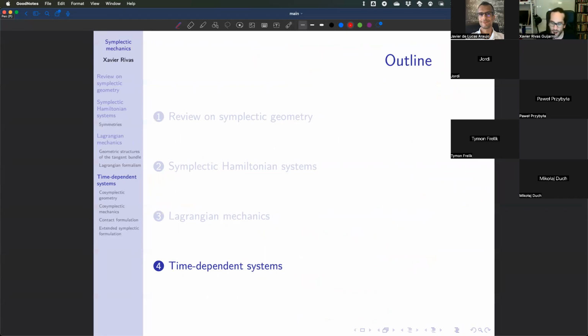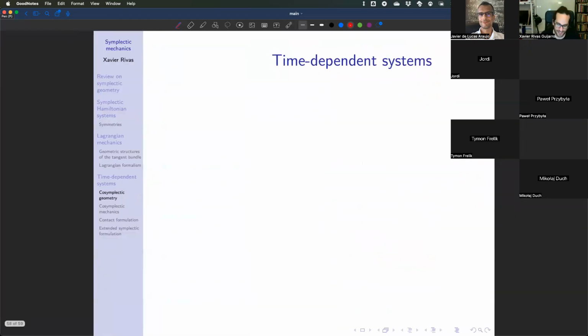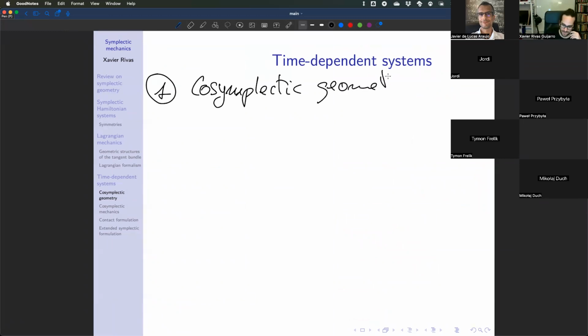I have 3 minutes, so I will say a word or two. I left this slide blank, so I can write at least maybe 3 or 4 ways to describe time-dependent systems. So, very briefly, first way, if you want to check it out, you can look for papers: cosymplectic geometry.